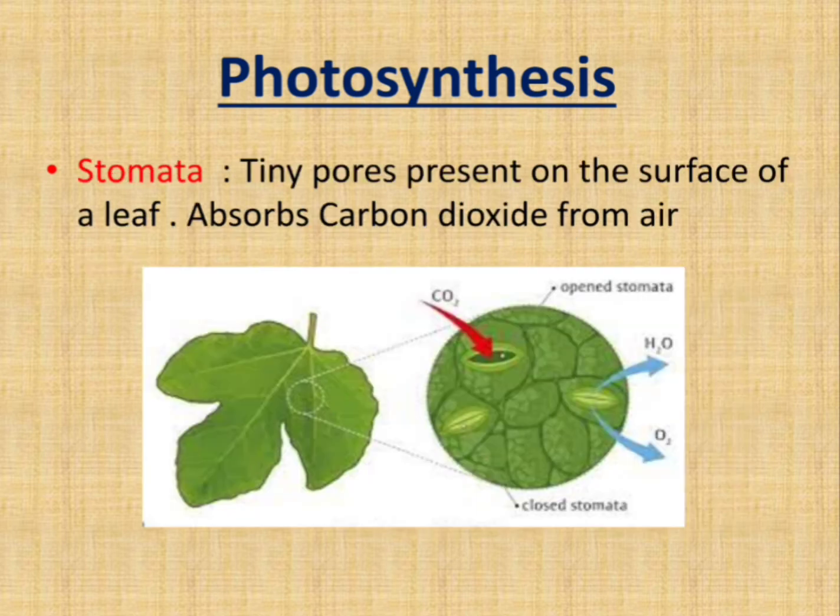Leaves contain tiny pores. They are known as stomata. Stomata are the tiny pores present on the surface of a leaf. They absorb carbon dioxide from air.